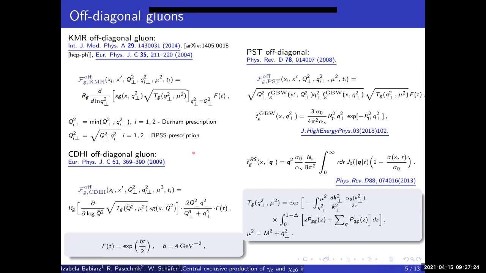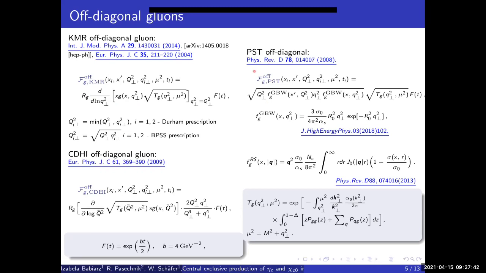But we also investigate a little more, maybe not so famous, the PST off-diagonal gluons, which extrapolate gluons from the dipole approach.